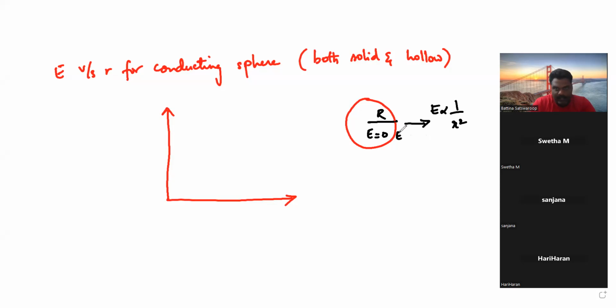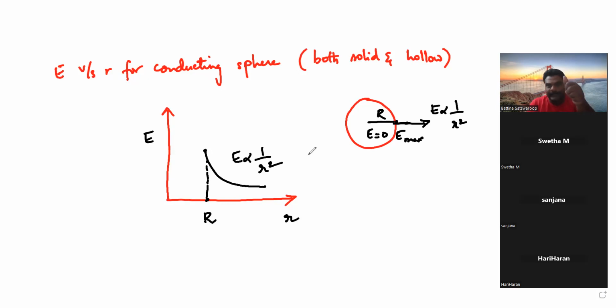So here at the surface it is the maximum electric field, and from there it is falling down. Until it reaches the surface r, there is nothing, so 0. We will start from here. At the surface it will be the maximum value. From there it falls. Right?